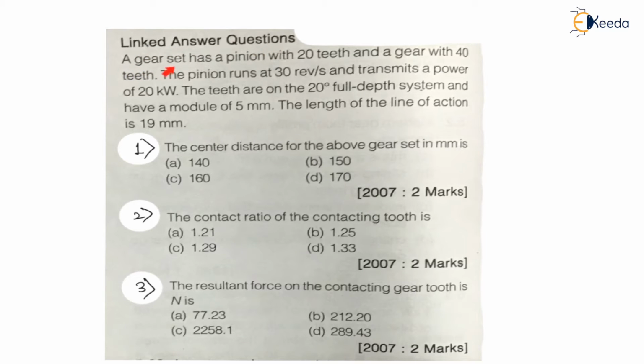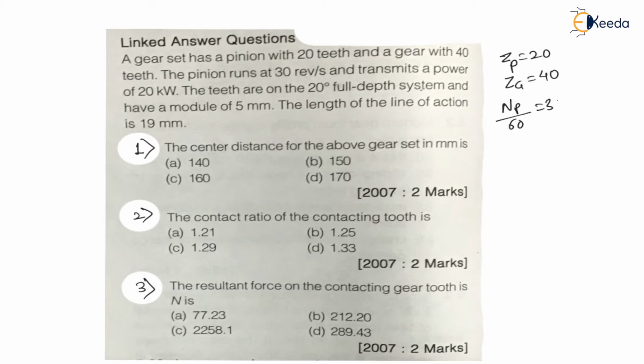The question is: a gear set has a pinion with 20 teeth. Let us say for teeth I am using the letter Z. On the pinion there are 20 teeth, and the gear has 40 teeth, that is, the number of teeth on the gear is equal to 40. Then the pinion runs at 30 revolutions per second, that is rps, means the speed of pinion divided by 60.